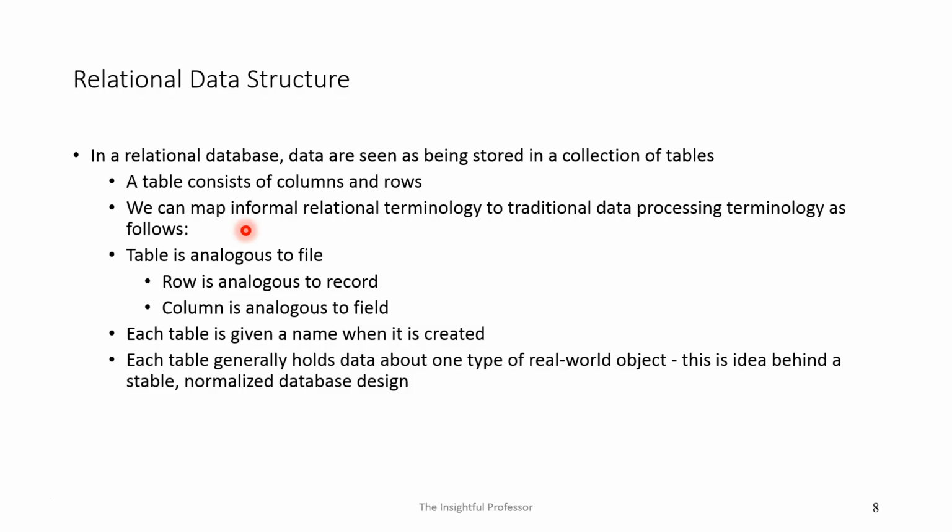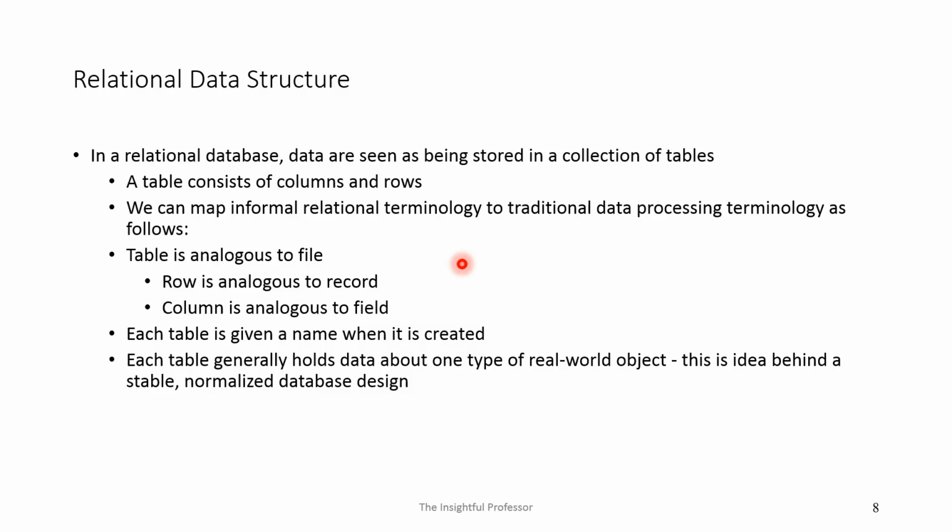We have one record that has the data items that describe each individual employee. Then within a record, we have fields or data items. We might have the employee's first name, the employee's last name, the employee date of birth, the employee date of hire, and so forth.